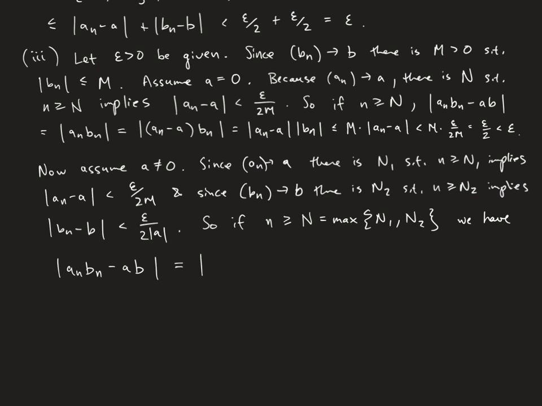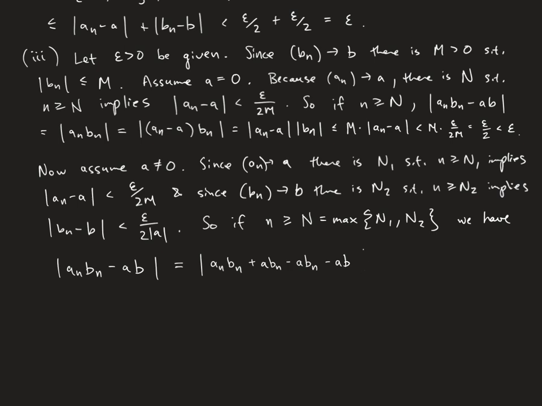Well, I erased it, but I think what we did was add and subtract: we added a times b_n and then subtracted that same thing, so we're not changing anything. And then this is going to go with this, and this is going to go with this.